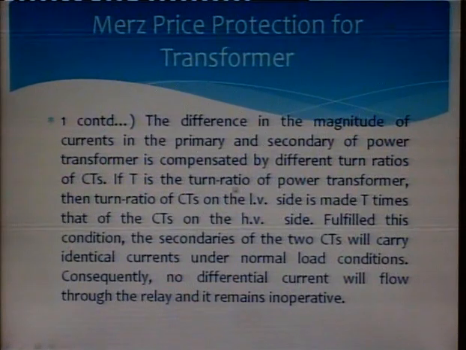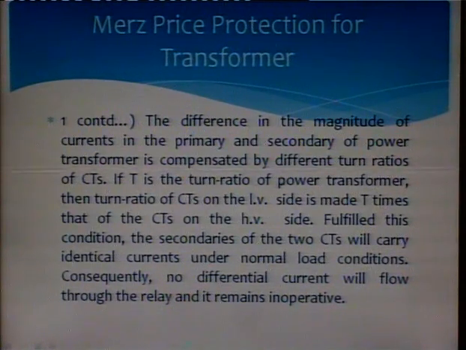So, for this, the difference in the magnitude of the current in the primary and secondary of the power transformer is compensated. So, how can we compensate this complication? By different turn ratios of the CT. So, we use the CTs of different turn ratio.